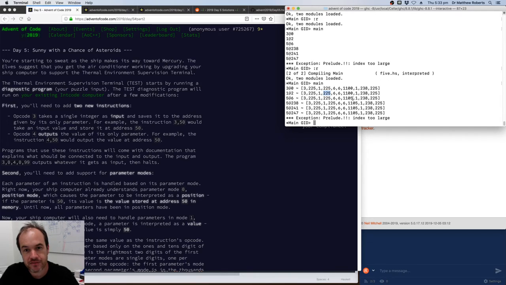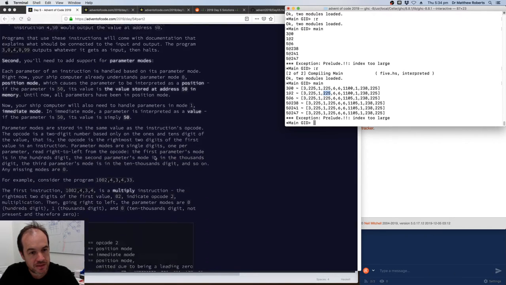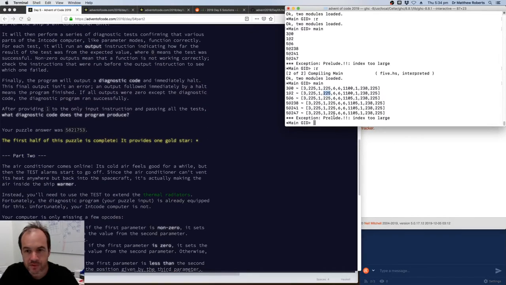So now we're finding a 5, and we're asking it, so 5 is the jump if, asking it to look in position 1. No, it's in immediate mode, or value mode, so asking it to compare the value 1 to the value 238.